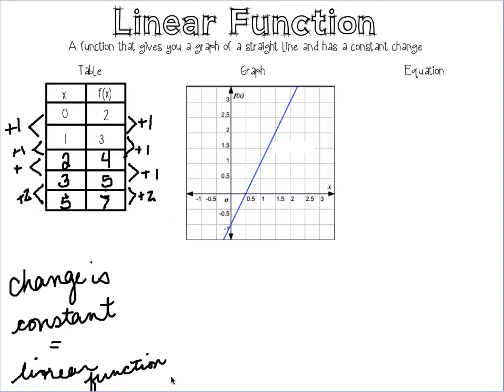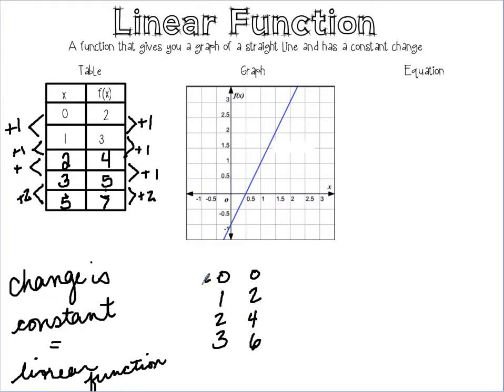What I do want you to understand is, let's say that every time you went up once, we had 0, 1, 2, 3, and it was times 2. That'll make more sense. So 0 times 2 is 0. 1 times 2 is 2. 2 times 2 is 4. 3 times 2 is 6.